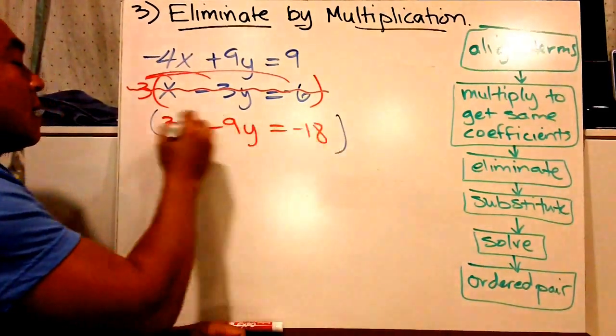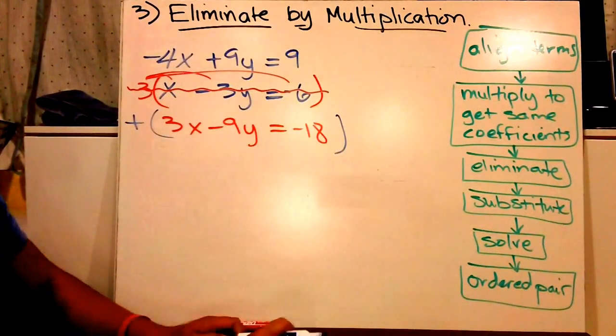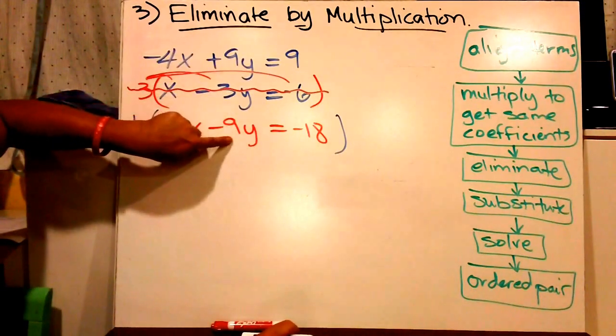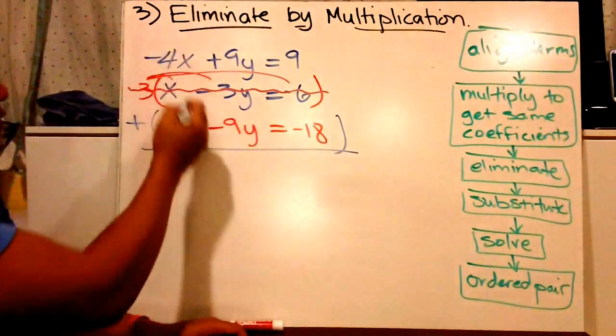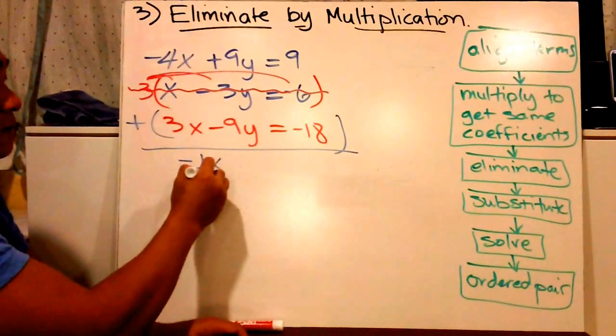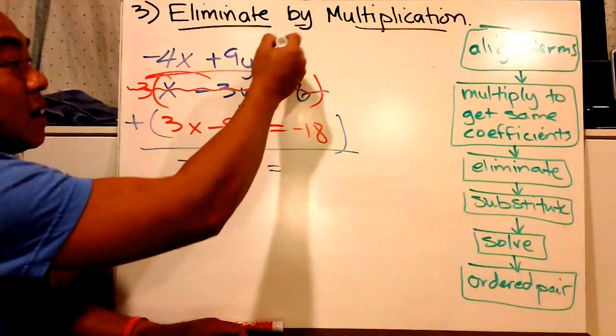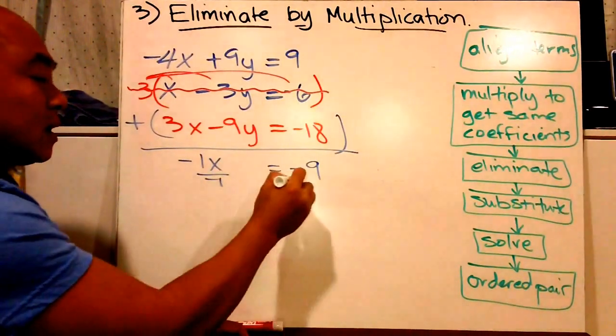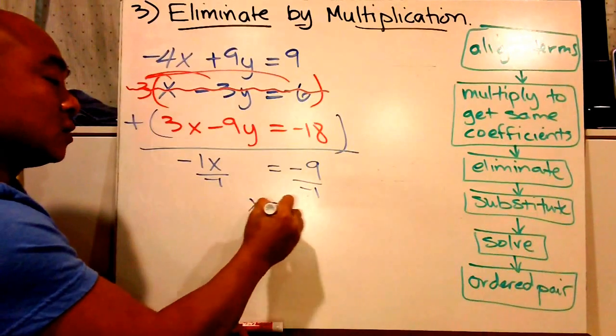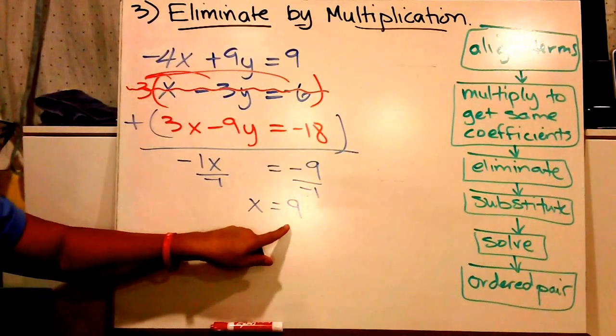And again, I'm going to add here, okay? I'm adding because I can get rid of my y's right here. So here, I have negative 4x plus 3x, and that's going to give me a negative 1x. And then on this side, I have 9 and negative 18, which will give me a negative 9. Divide both sides by negative 1, x is equal to 9.